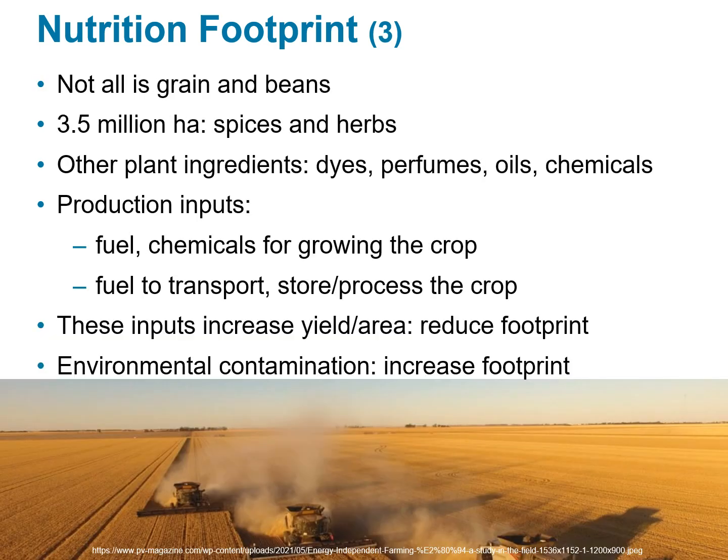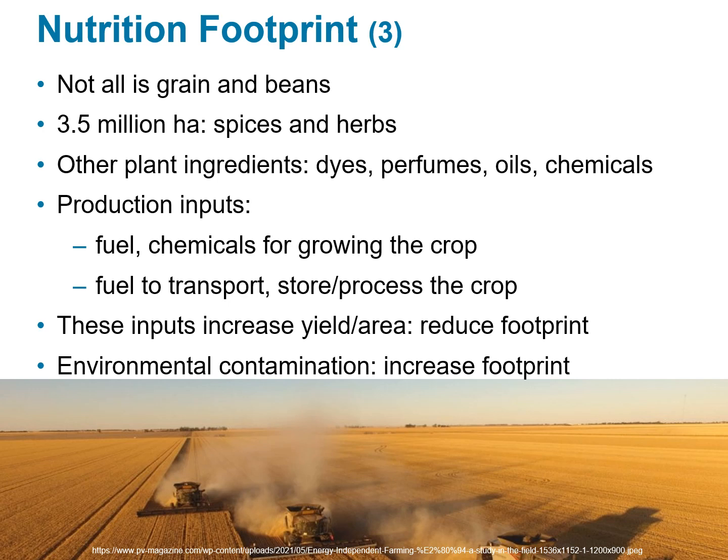Not all is grain and beans. Approximately 3.5 million hectares goes to the production of spices and herbs. Plants producing ingredients for dyes, perfumes, oils, and other chemicals are grown on large areas of agricultural land.